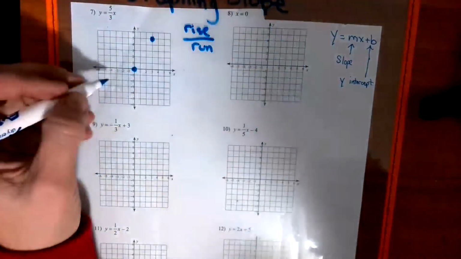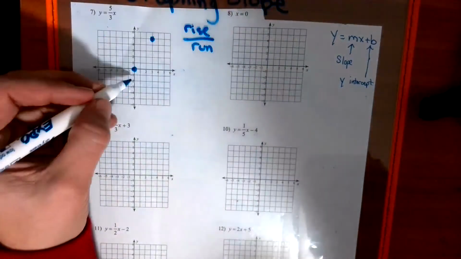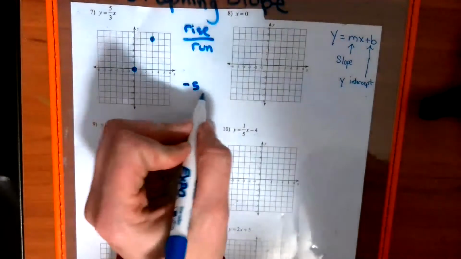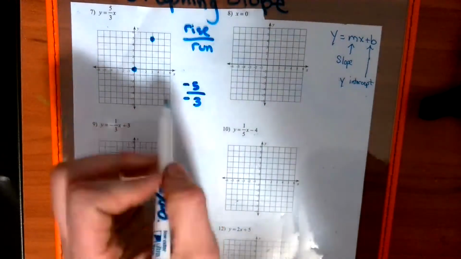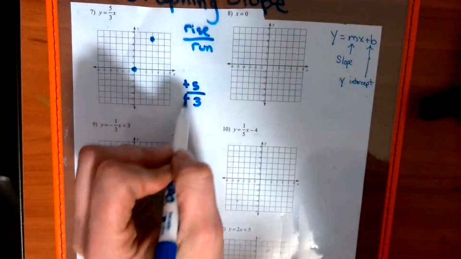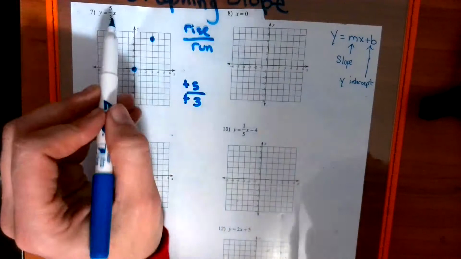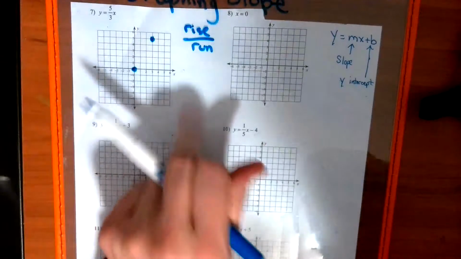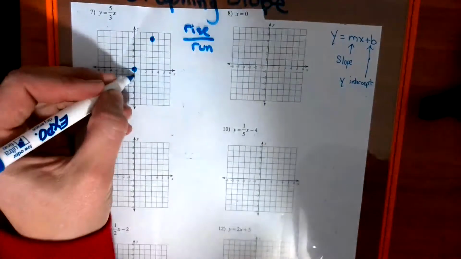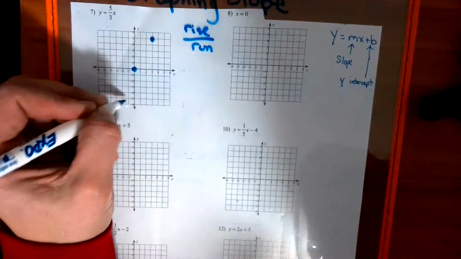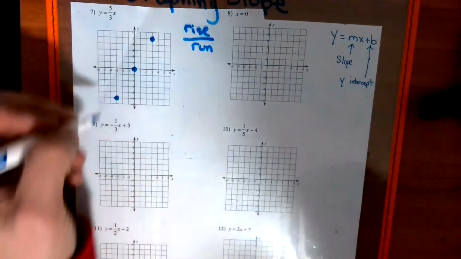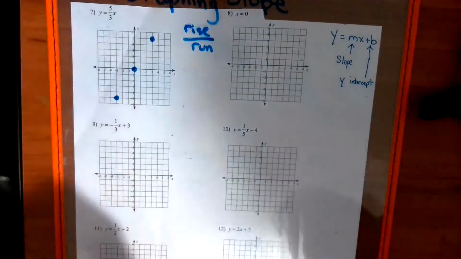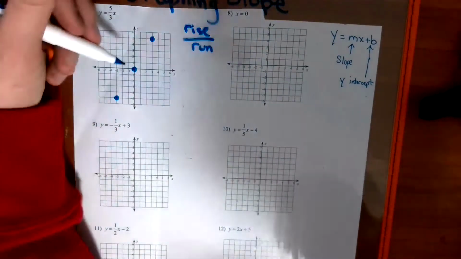But see how we don't have any dots down here? We can reverse this pattern by going down 5 over 3, which is the same slope, okay? So to extend our line, we can go down 5: 1, 2, 3, 4, 5, over 1, 2, 3. And then you take a nice straight edge and you draw a straight line.